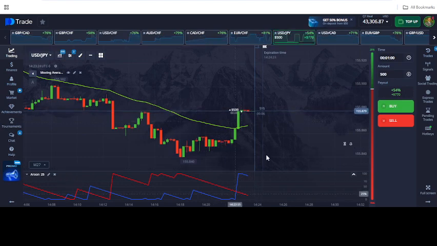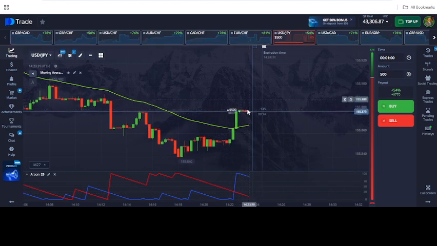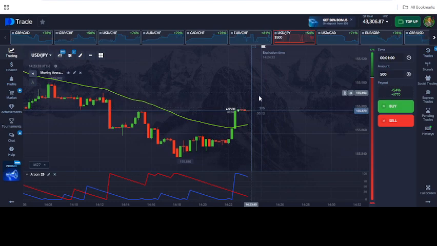So these two confluences tell me that there's going to be a continued bullish momentum to the upside over the next 60 seconds. So let's monitor this trade and wait for the expiration.